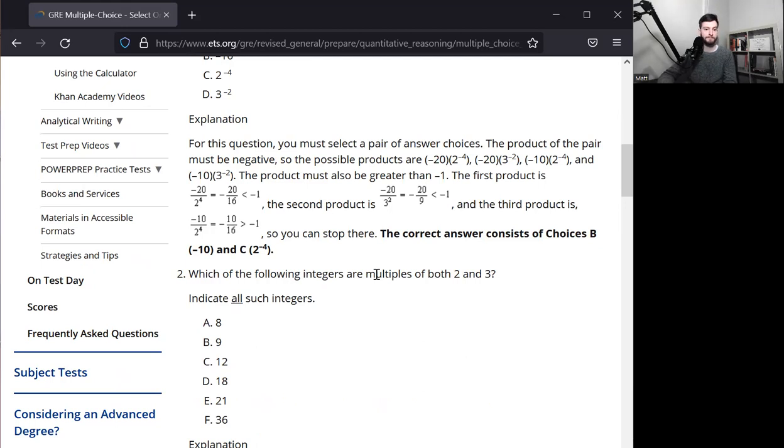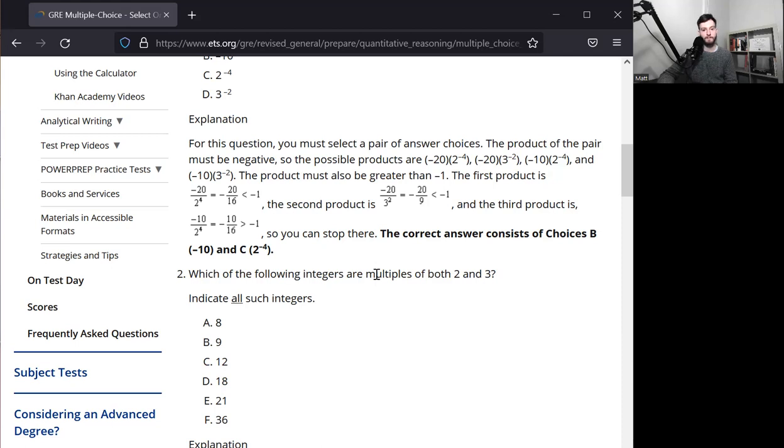All right. Which of these numbers can be divided by 2 and 3 is what it's asking. Can 8 be divided by 2 and 3? No. Can 9 be divided by 2 and 3? No. By the way, because 9 is an odd number, no odd numbers can be divisible by 2. That means we can take E out as well.